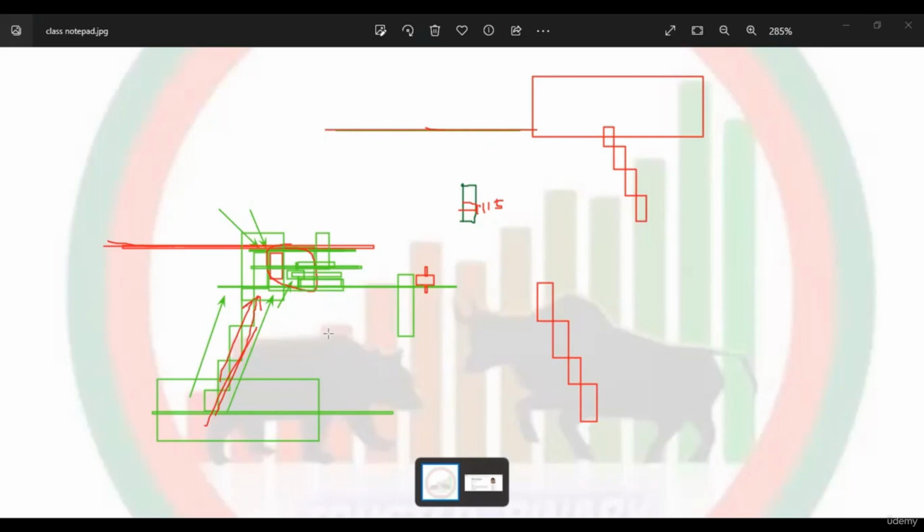So basically, you have to understand the market structure, market condition, and situation of the market before analyzing, before placing any trade.